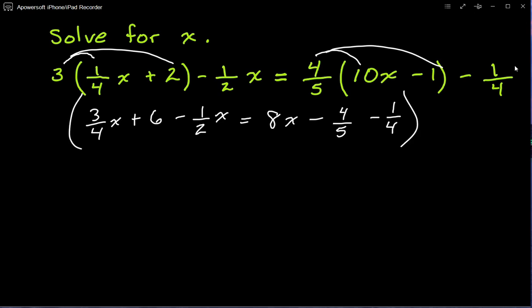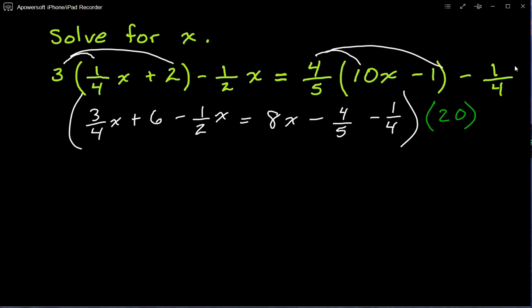All right. Got rid of the grouping symbols, so now let's take a look at our denominators. You have a 4, a 2, a 5, and another 4. All right, so the smallest common denominator here is going to be 20.